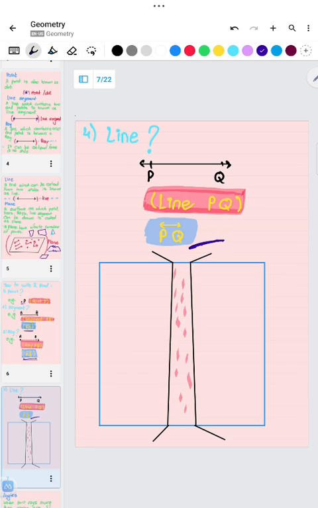I am giving one complex example in which line, segment, ray, point, plane are all coming, and it is an example from our day-to-day life. Imagine this square is our city, and this is our road.